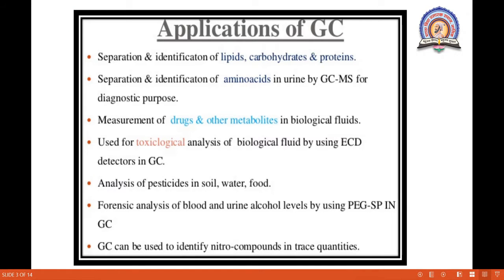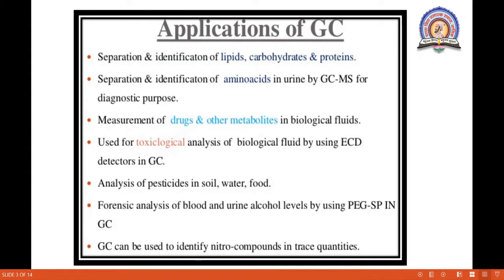So in that, the gas chromatographic technique is nothing but a separation and identification technique. For the separation and identification, the sample must be volatile. So here the separation and identification of lipids, carbohydrates and proteins can be done by using this gas chromatographic technique.